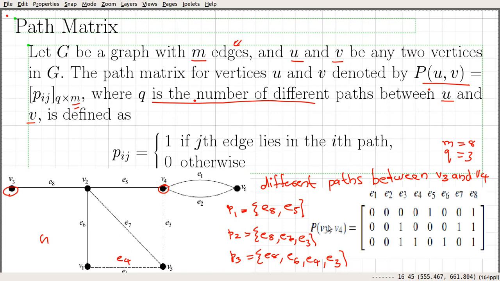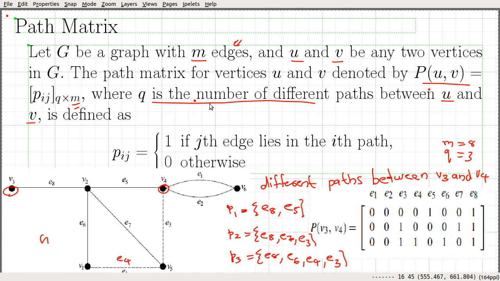In this case Q is equal to 3. The different paths are {e8, e5}, {e8, e7, e3}, and {e8, e6, e4, e3}. So the number of rows in this matrix is 3.